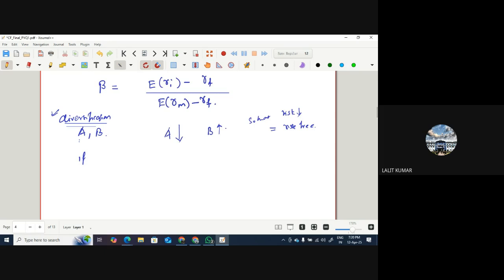If A and B move in the same direction, then when A goes down, B also goes down, so my risk is increasing. So in diversification, the correlation coefficient should not be equal to perfect 1. And in the perfect scenario, this should be equal to -1. Is that clear? This concept, diversification.